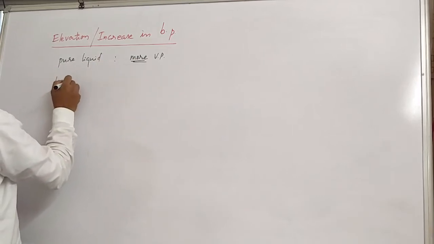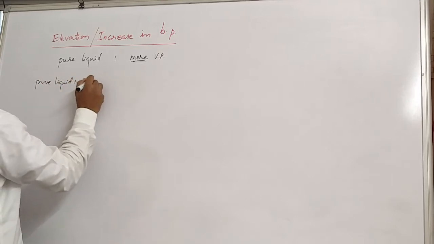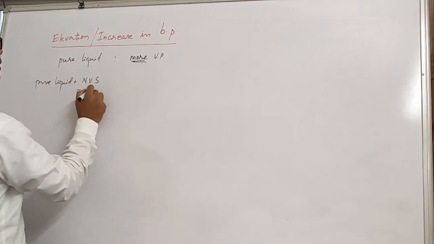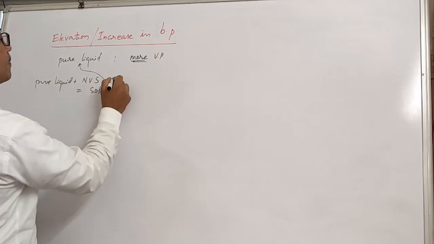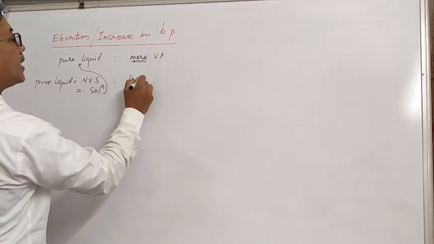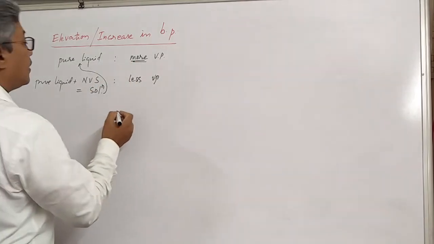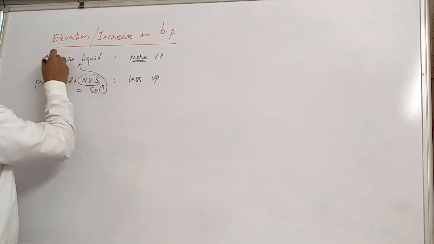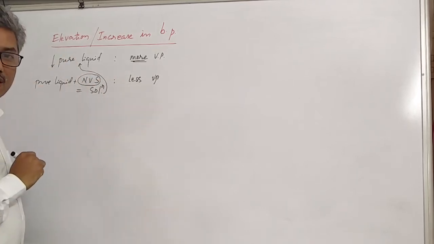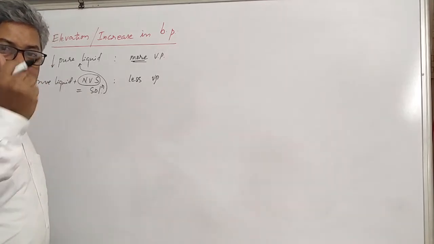Liquid, that is pure liquid plus non-volatile solute, this will be solution of this pure liquid only. It will have less vapor pressure. Yes, students, this non-volatile solute decreases the vapor pressure of pure solvent. Therefore, vapor pressure will decrease and boiling point will increase.